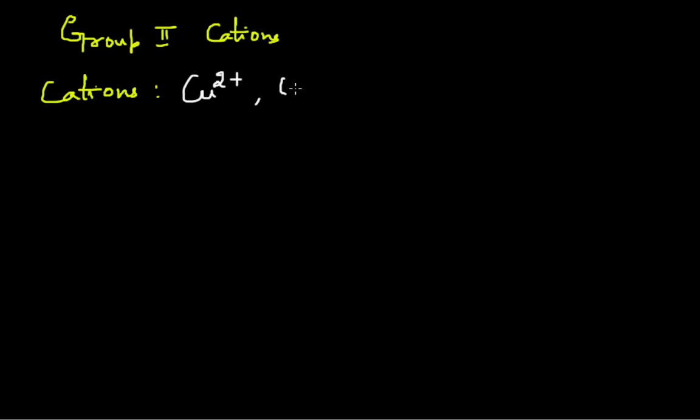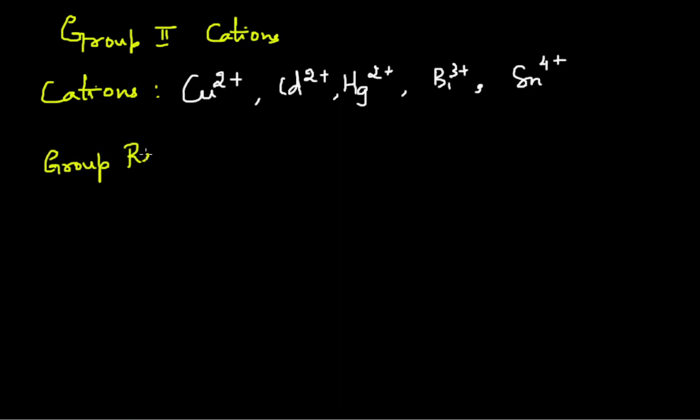So Cu2 plus, okay, Cd2 plus, again Hg2 plus, bismuth 3 plus, Sn4 plus. So these are all the group 2 cations. The group reagent is dilute HCl and H2S gas.